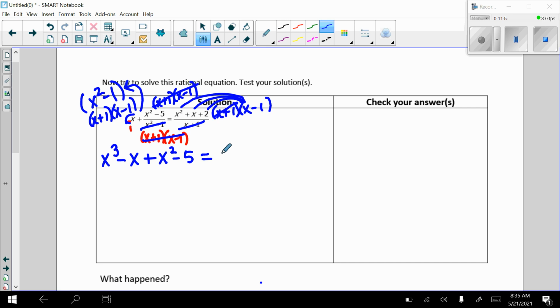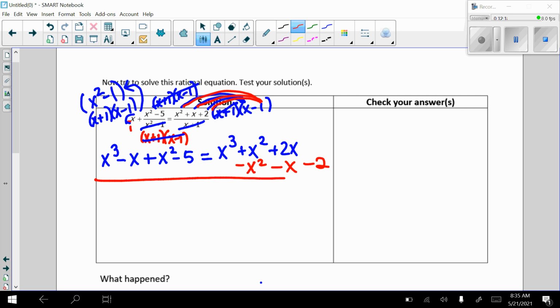So x by x squared is x cubed, x by x is x squared, x by 2 is 2x. Then we distribute our negative 1. We get negative x squared minus x minus 2.